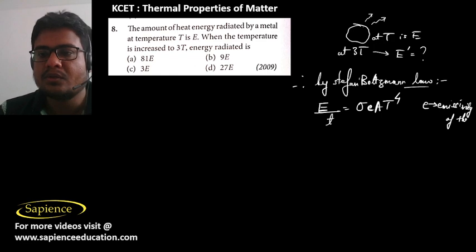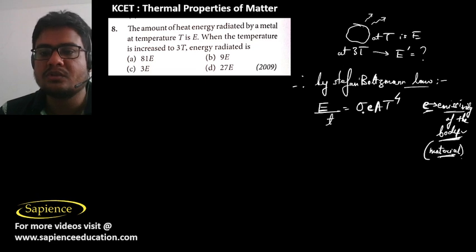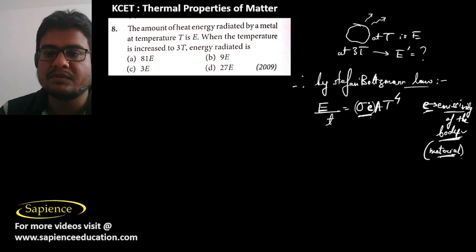For different bodies the emissivity will be different, but if the material does not change, then the emissivity also will not change. So sigma into E is a constant, where sigma is Stefan's constant and E is the emissivity, which for a given material is a constant.